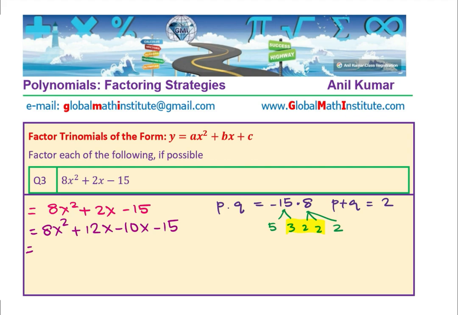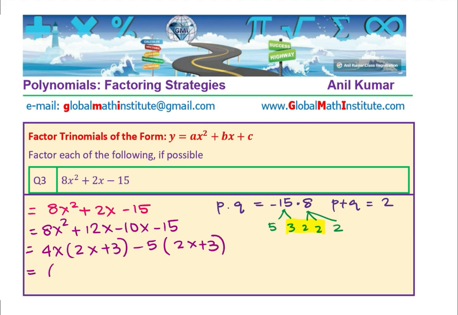Make sense, right? Now what will you do? Between 8 and 12, 4 is a common factor. So we get 4x as common, and we get 2x plus 3 as common between the first two terms. Minus 5 is common in the other two terms. That leaves us with, again, 2x plus 3. Right?